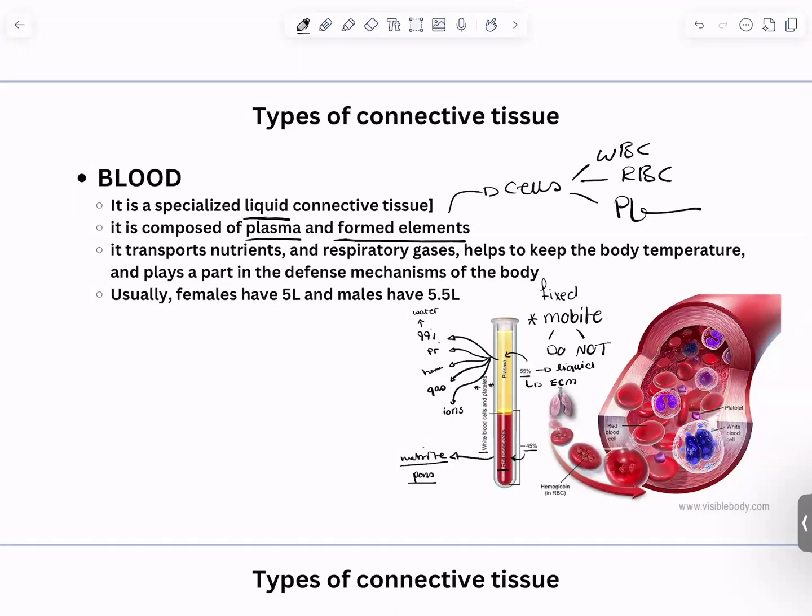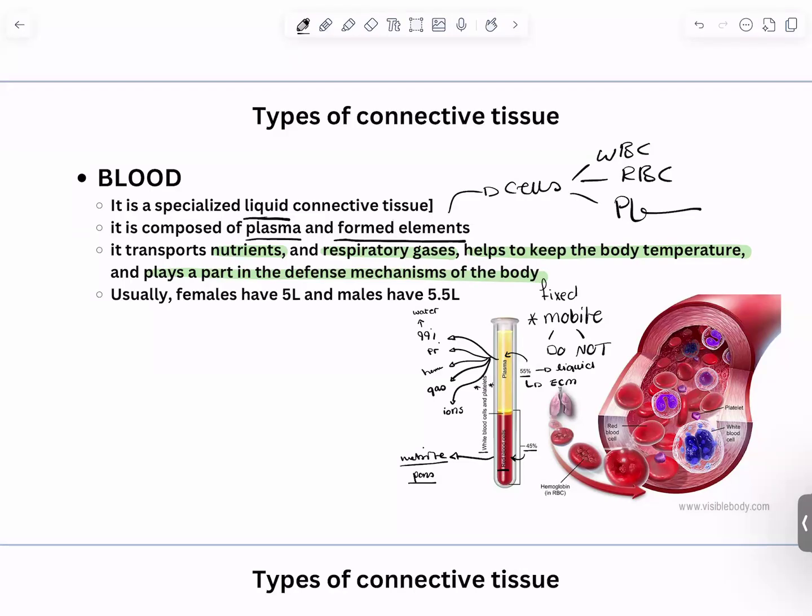What is the function of the blood? I think you know it better than me. So they're transporting the nutrients, respiratory gases, helps to keep the body temperature constant, and play part in the defense mechanism of the body. How do they play a part in the defense mechanism? By transporting the white blood cells to some specific parts to protect the body.